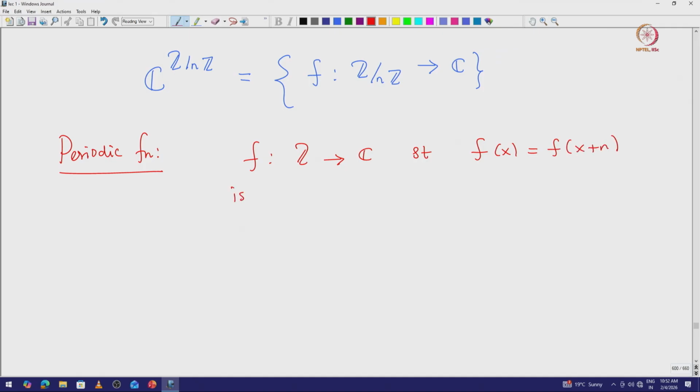So, this is said to be periodic with period n, if it satisfies this condition that f of x equals f of x plus n for all x in G.